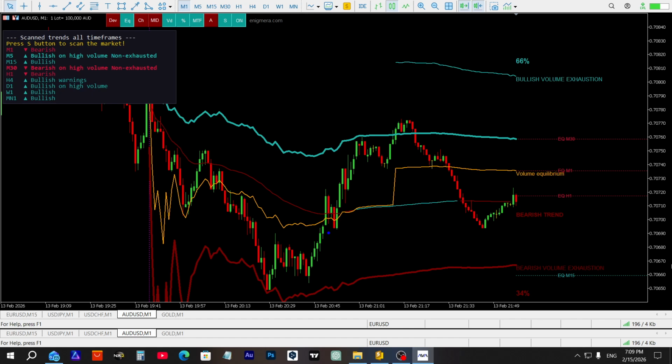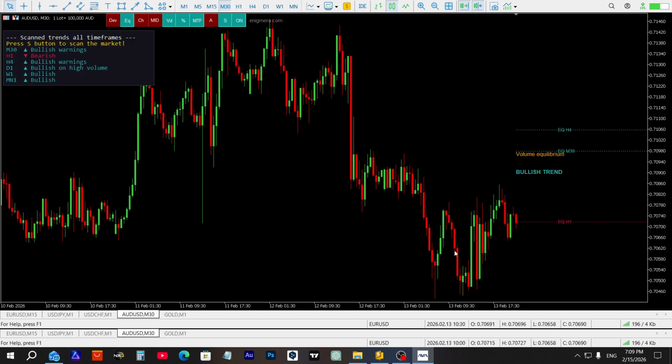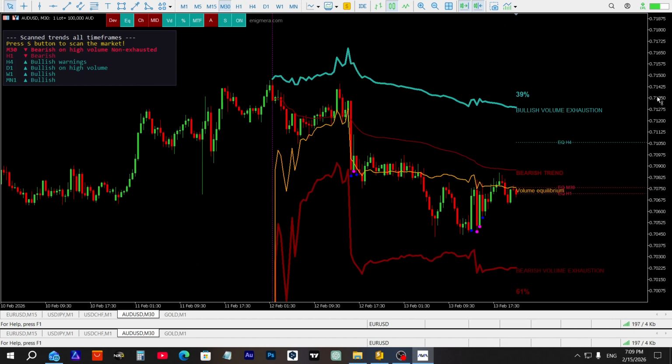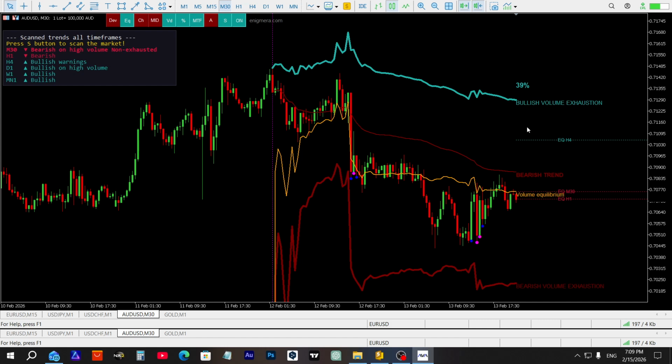So this is a good idea to check it, whether it's possible to trade or not. I will switch to 30 minutes, and I see that here we got excellent setup. We got bearish trend, the market drop below the liquidity line, give us a signal that the market is bearish. Here we got bearish volume. The bearish volume exhaustion is not reached.